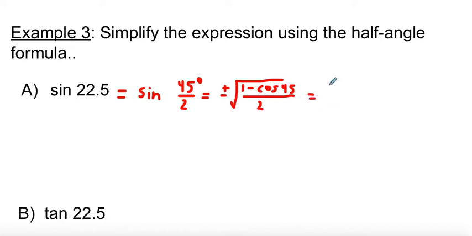What is the cosine of 45? Oh yeah, cosine of 45 is the square root of 2 over 2. Knowing I'm going to have to get a common denominator over here, I might as well start doing that. It's got to be 2.